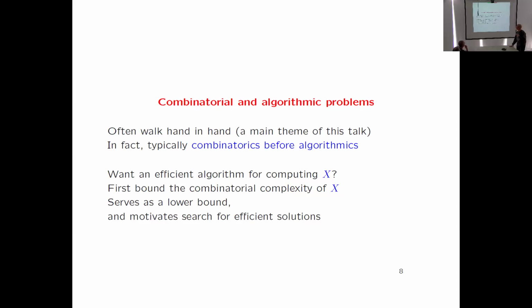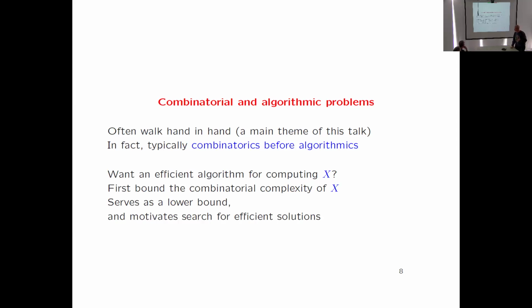Now, the two subareas of what I'm going to talk about are combinatorial and algorithmic. One is combinatorial and the other one is more computer science-like, but it turns out that they go hand in hand quite a bit, and you can exploit it to pass from one to another.